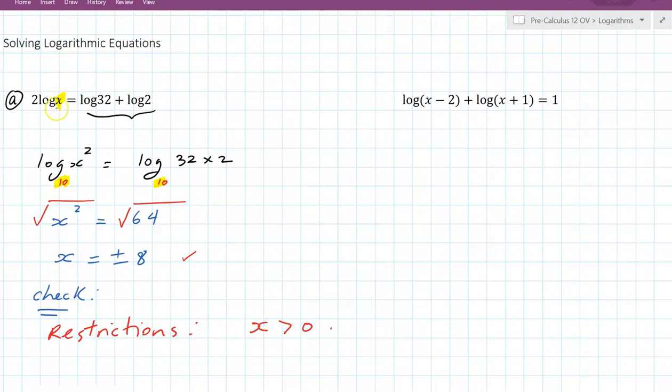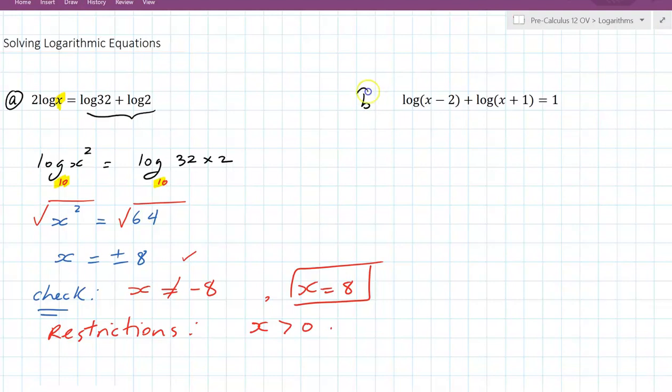It's right up front. The argument of log must be greater than 0. So we know automatically that x cannot be equal to minus 8. So the minus 8 is out of the question, but x equals 8, that works, and that is our only answer. Okay, simple as that.